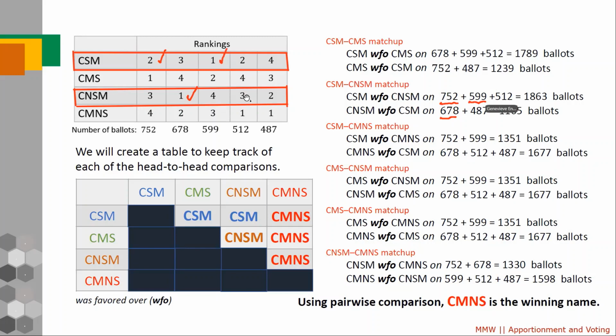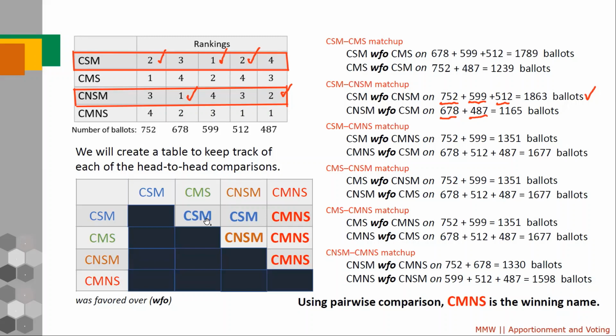Then 2 or 3, CSM still wins. Then the 512. Then in the last one, CNSM wins, so it gets the 487. So CSM still wins. When it is CSM against CNSM, CSM wins.